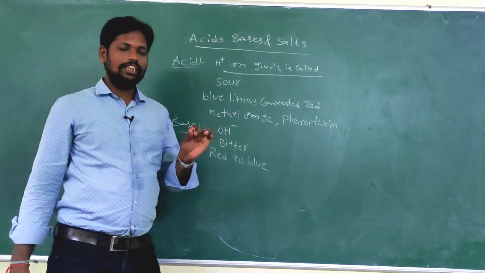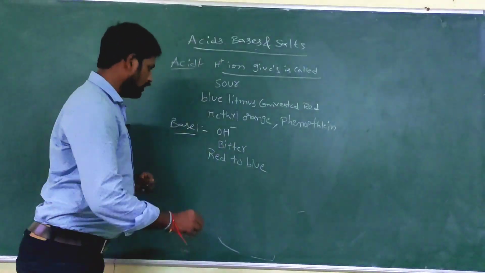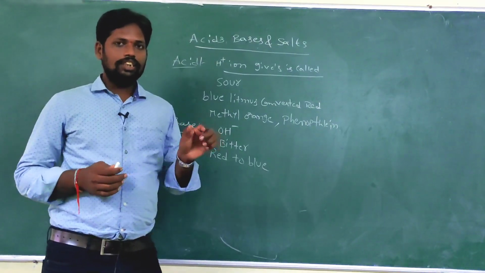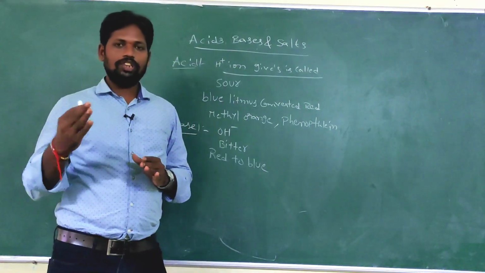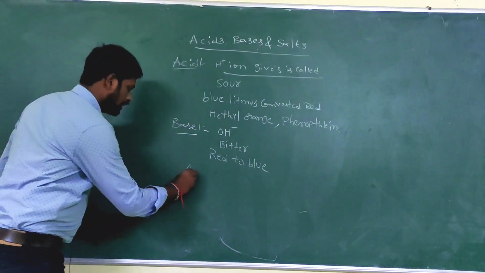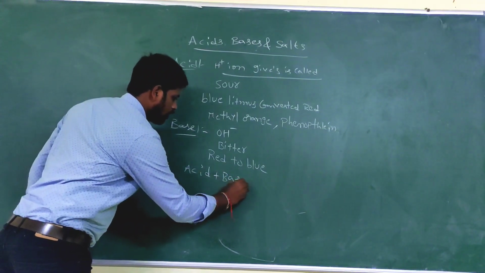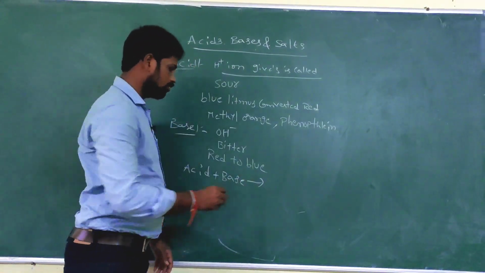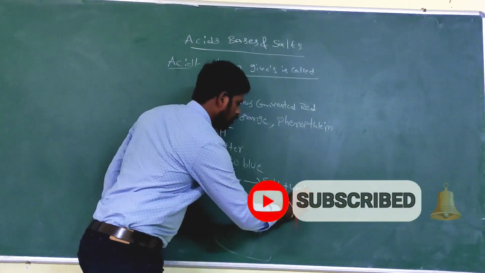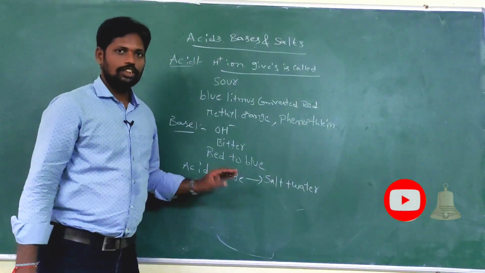Now neutralization means salts. Okay, how are salts produced? Actually, when an acid reacts with a base, it results in salt and water. It is most important in the 10th class, a 2 marks question.